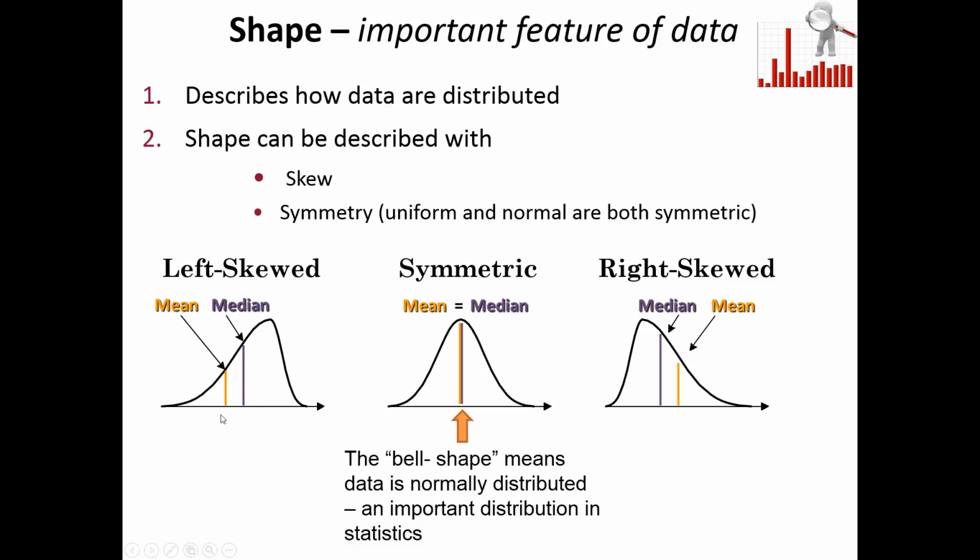So very, very small values will make the mean smaller. The median will be to the right because the median is going to be the middle value. So that is unaffected by these very small values. Right skewed is very similar, except the longer tail is on the right side, and these larger values will pull the mean to the right.